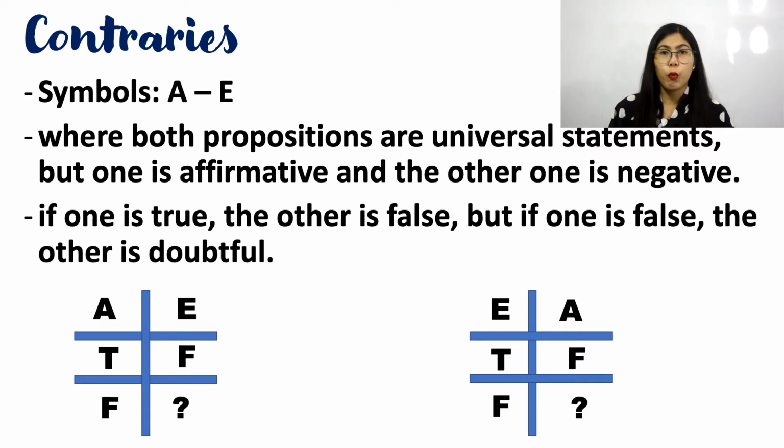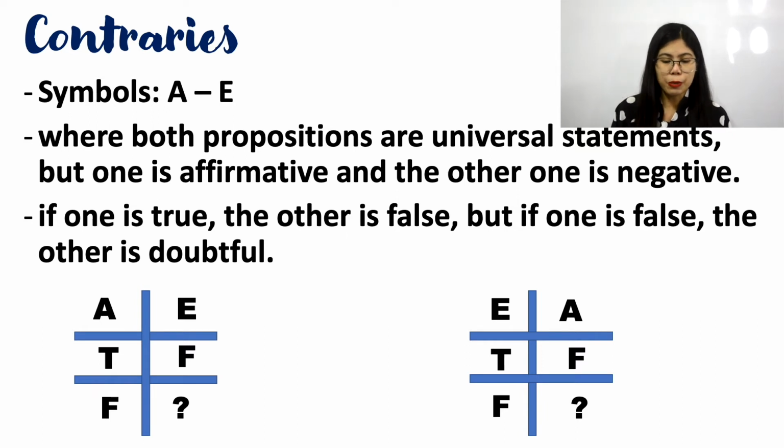Meaning to say, if one is true, the other is false. But if one is false, the other is doubtful. This can be illustrated on the truth table of contrary propositions, which you can see below. If the affirmative universal proposition or A symbol is true, then the negative universal or E symbol is false.